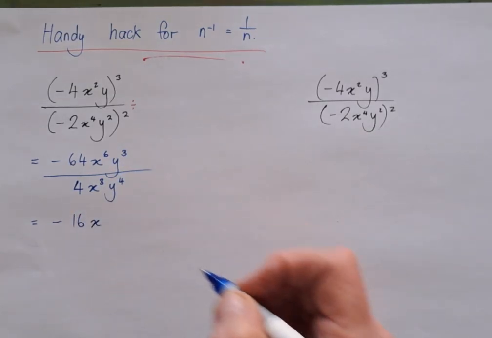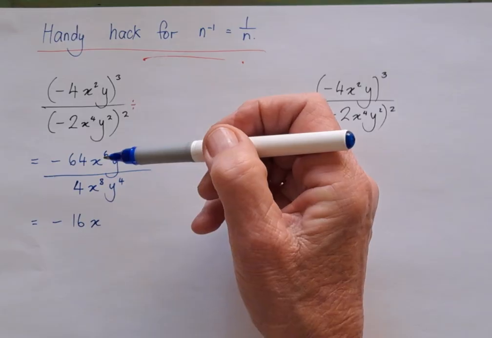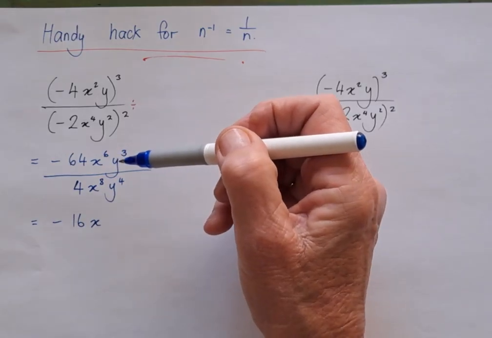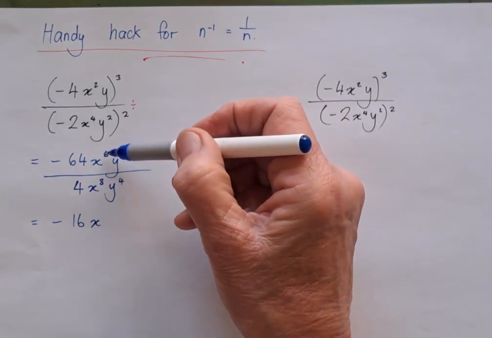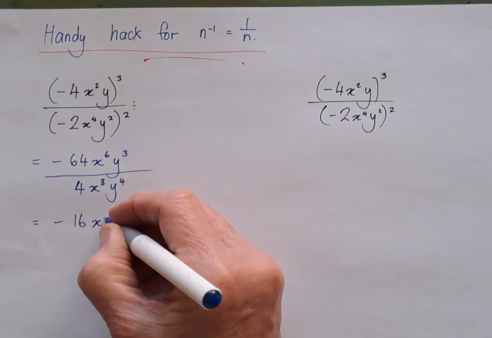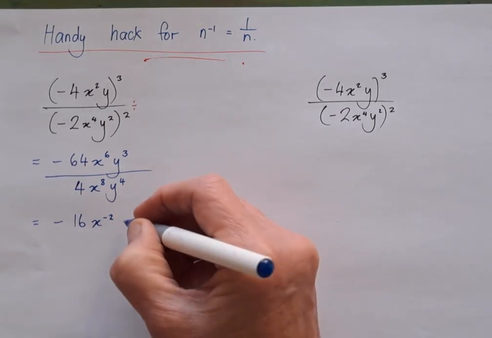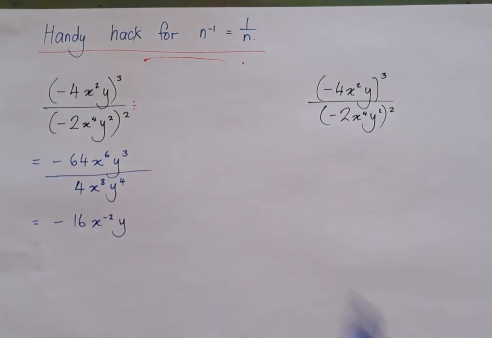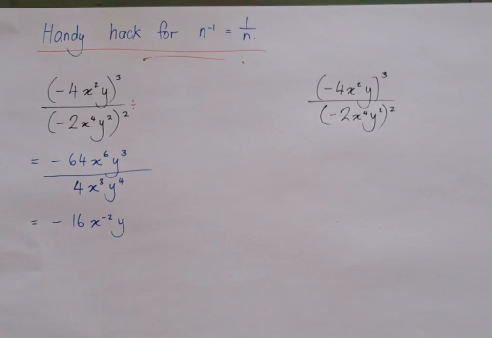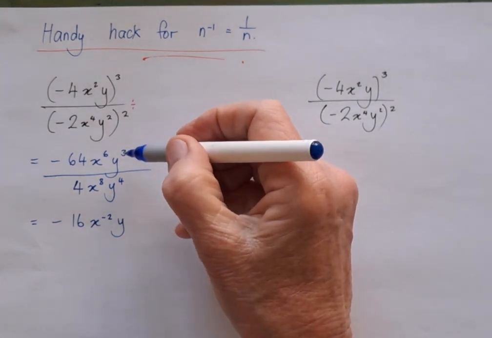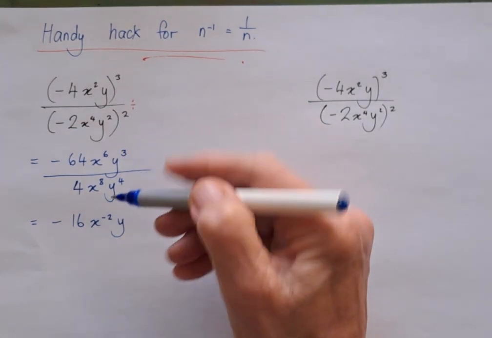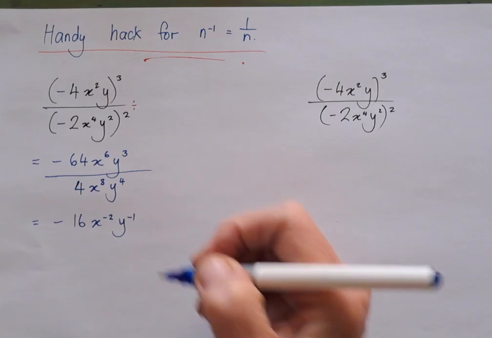I've got ones with a base of x, and when we divide powers, we subtract the exponents. So 6 minus 8 is negative 2. And with my powers with a base of y, dividing them, I have to subtract the exponents. So 3 minus 4 is negative 1.